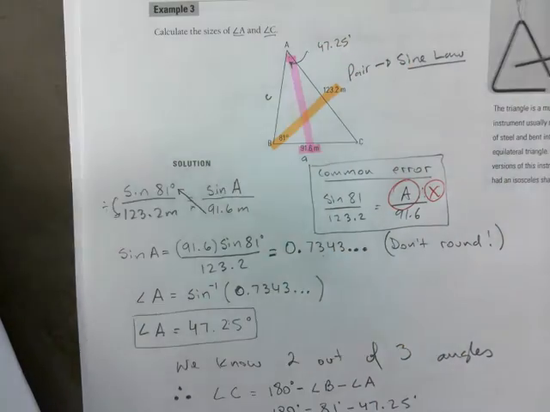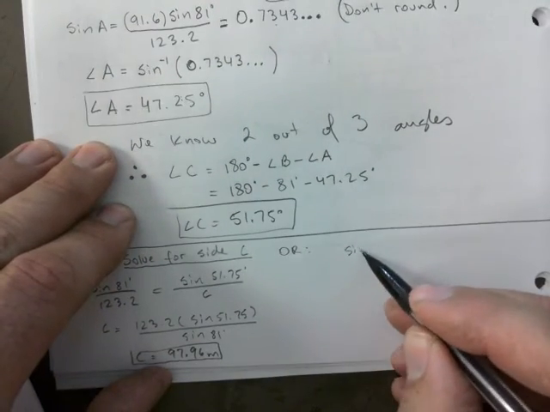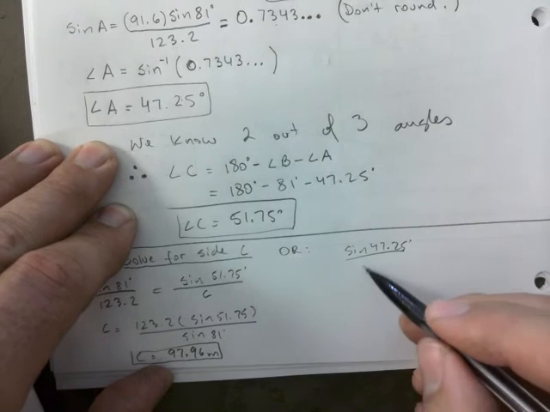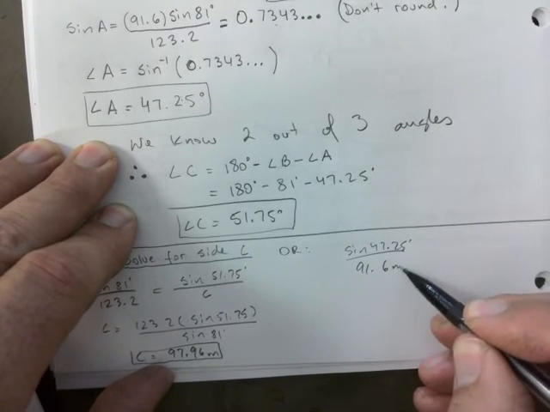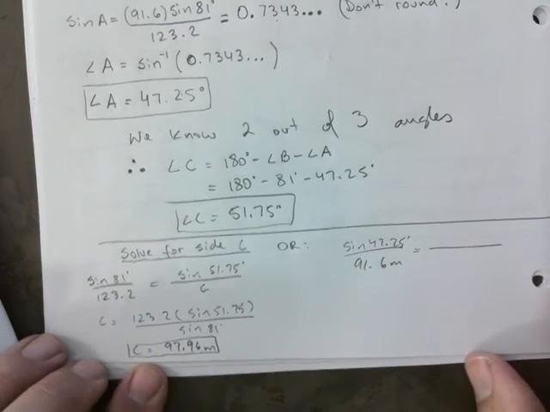You've just found another one. So I'm going to try that real quick. Sine of 47.25 over 91.6. And there's usually you're a little bit off because of rounding. And that's okay, right?